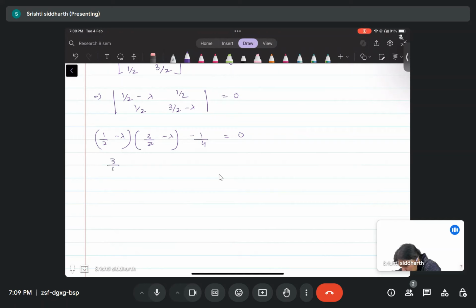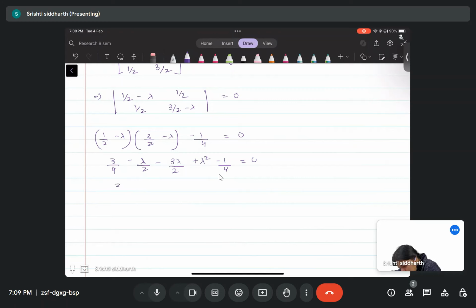So this is 3 by 4 minus half lambda minus 3 lambda by 2 plus lambda square minus 1 by 4 equals 0. So we can multiply by 4 throughout.